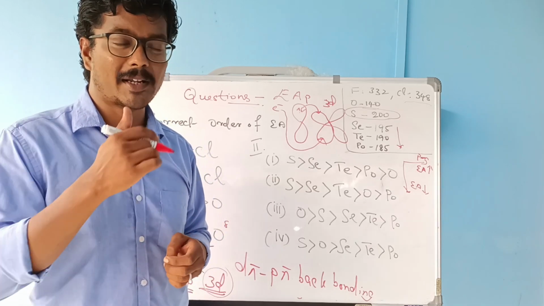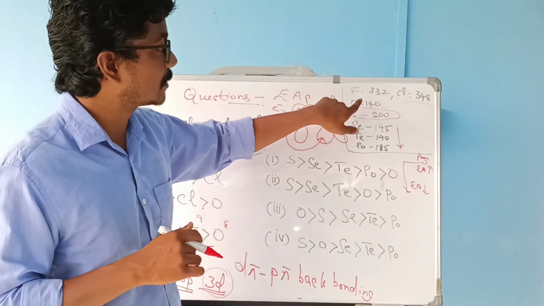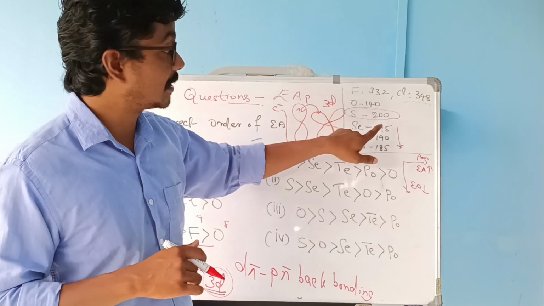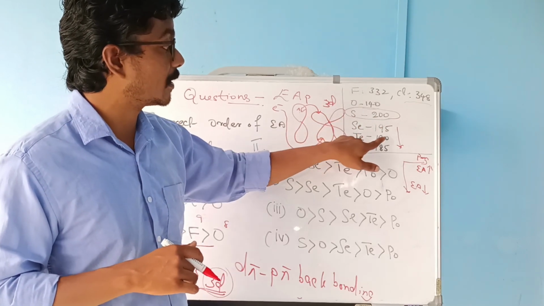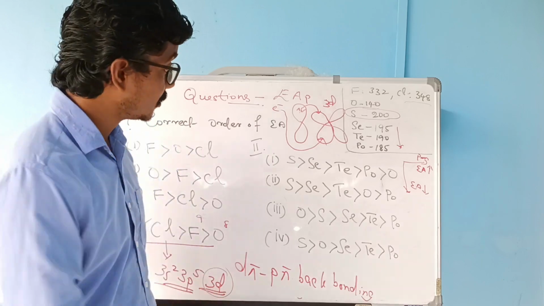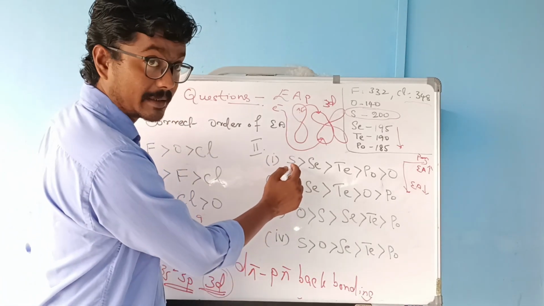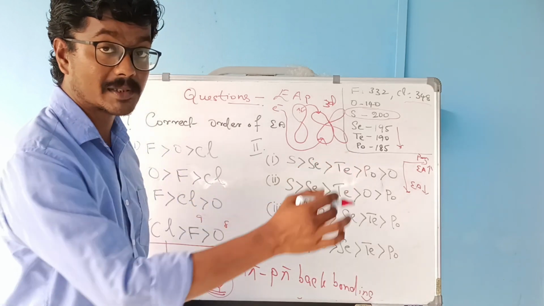So this is the reason why oxygen possesses very low electron affinity. See the values. Oxygen possesses 140 kilojoule per mole, whereas sulfur is 200. Then down the group, selenium 195, tellurium 190, polonium 185. So among these four options, sulfur possesses greater electron affinity than selenium, tellurium, and polonium, and oxygen possesses the lowest.